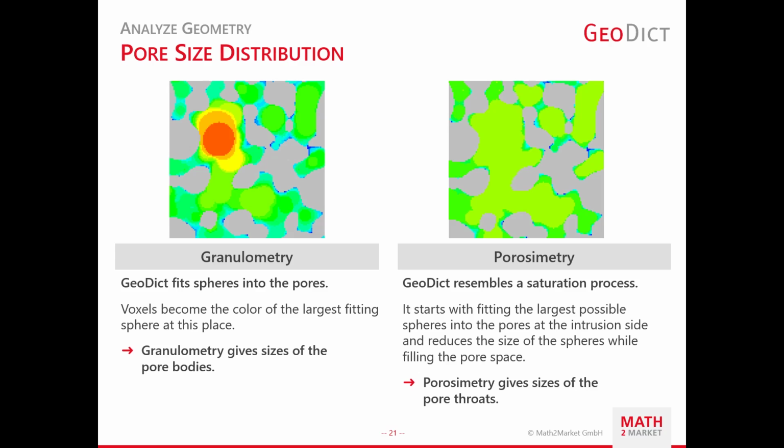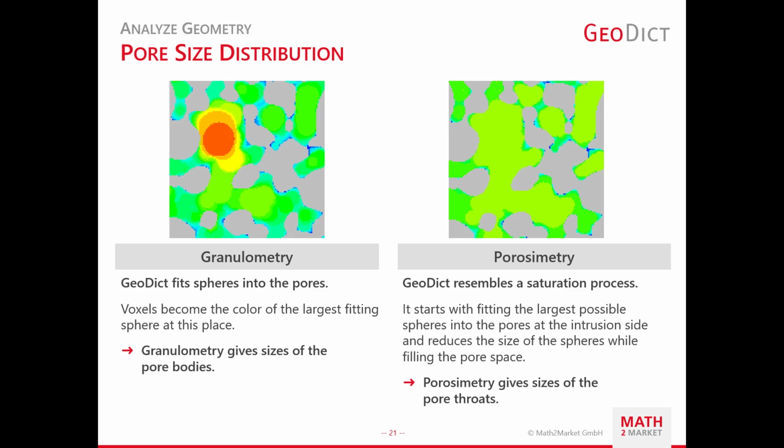So you can see that both definitions have their merits and are both valuable. The porosimetry is something that you can directly compare to your experimental porosimetry results. So that is really useful to know, am I looking at the right data? Is everything okay? So just for validating. While on the other hand, the granulometry is something that you can't really access in an experiment.